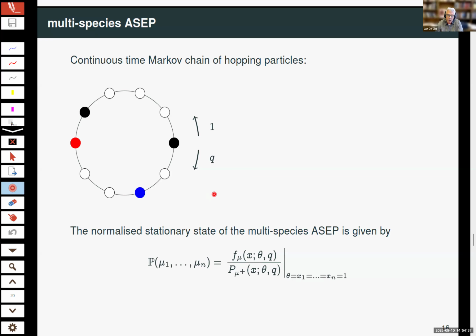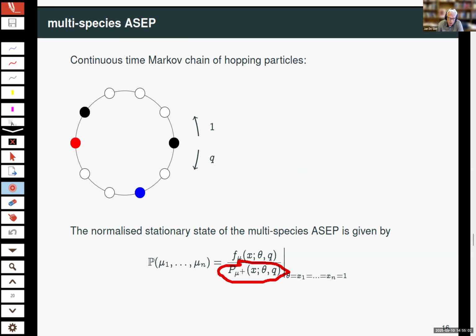And the whole construction that I talked about here can be used to compute the stationary state, the ground state, of this Markov chain, namely the probability to see a particular configuration of colors, mu_1 up to mu_n, is given by an evaluation of these functions f divided by the Macdonald polynomial, because that's an overall normalization.